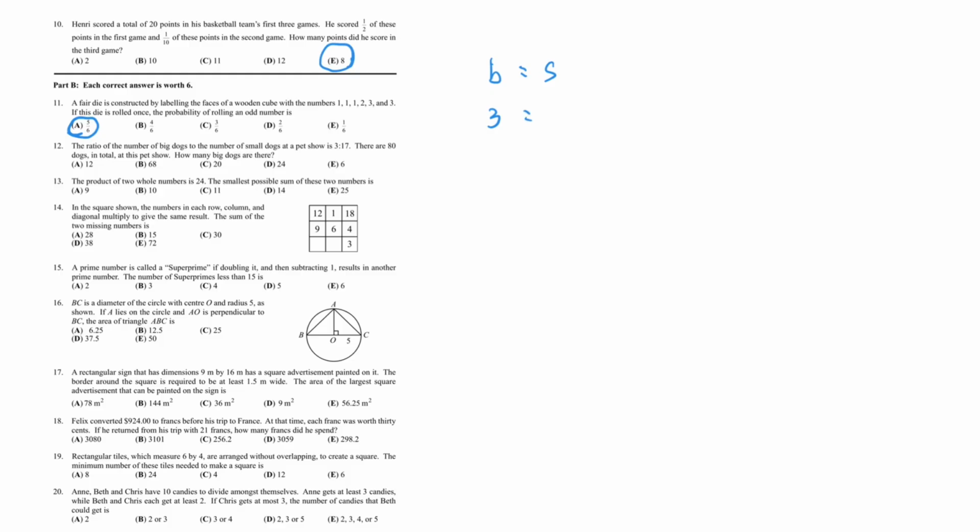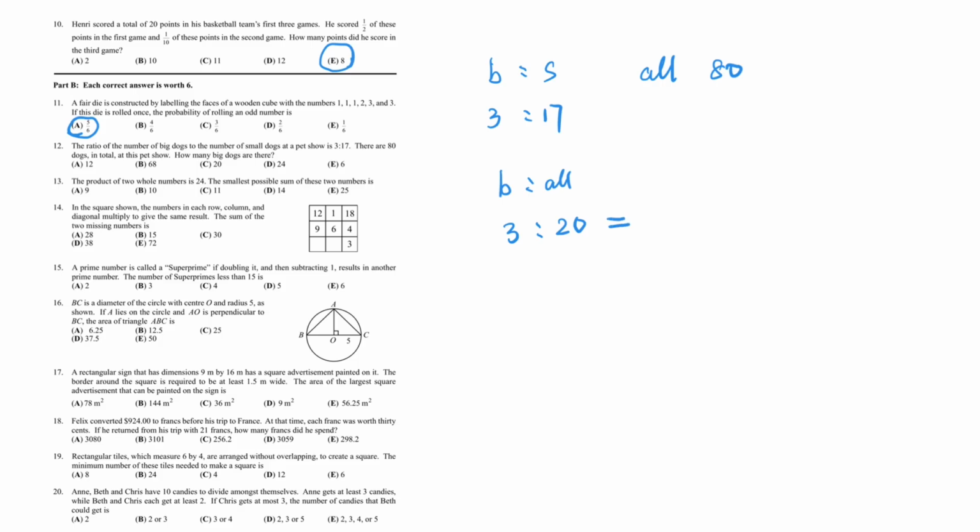Big to small is 3 to 17. That means big dogs to all is 3 to 3 plus 17, that's 20. Every 20 dogs, 3 are big dogs and 17 are small dogs.